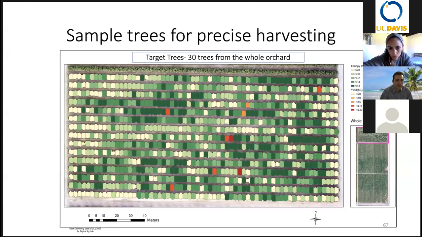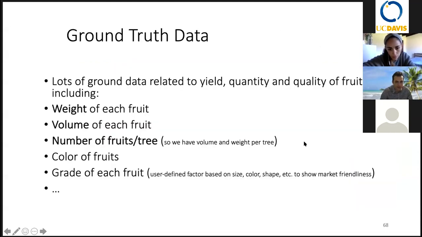In this study, we did not measure yield for all trees. We just selected a few trees and measured the yield for them. This is, for example, 1 block of the 6 blocks, and we can see about 9 trees have been sampled in this.